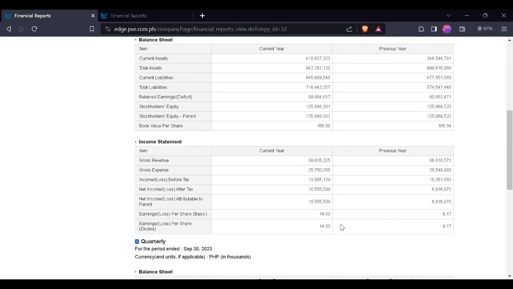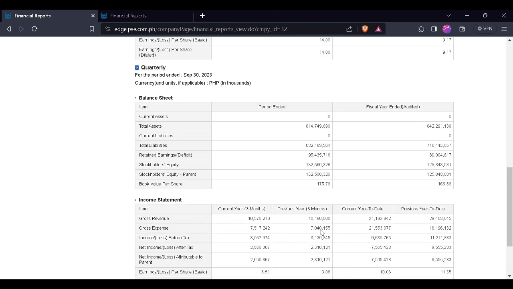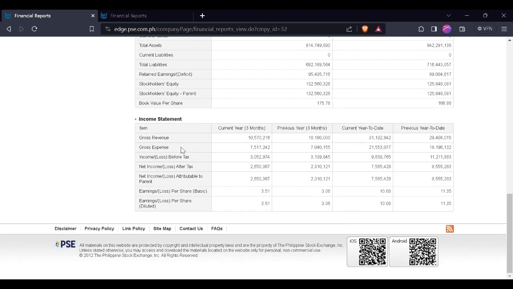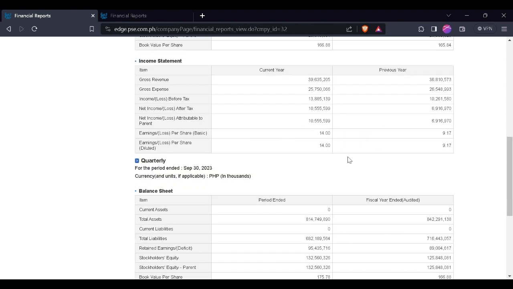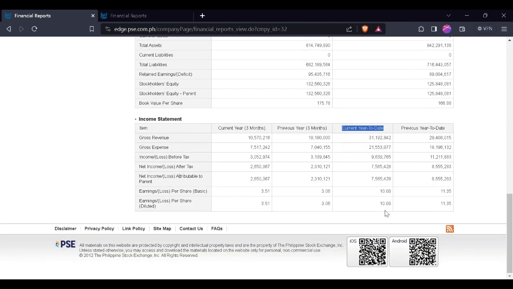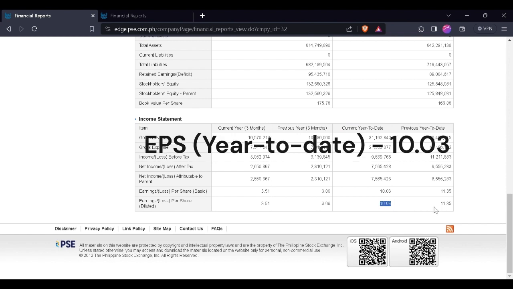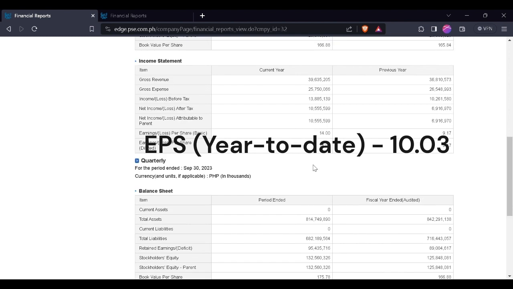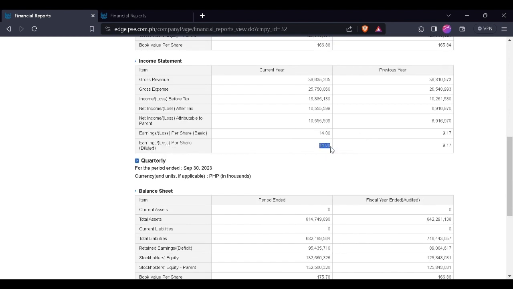The other place where you could get your EPS would be the current year to date, under the quarterly section. So if you want a basic year to date EPS, you could use this. But for the sake of our discussion, let's just focus on the 14 pesos EPS.